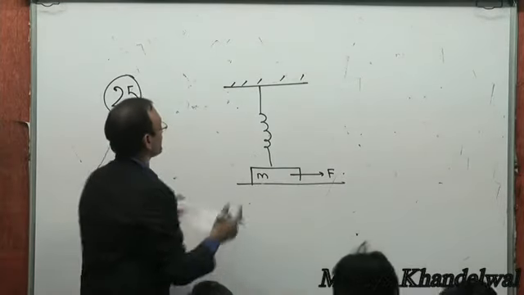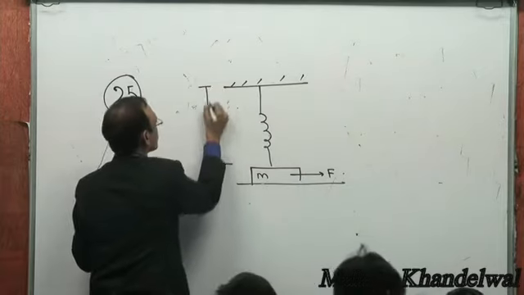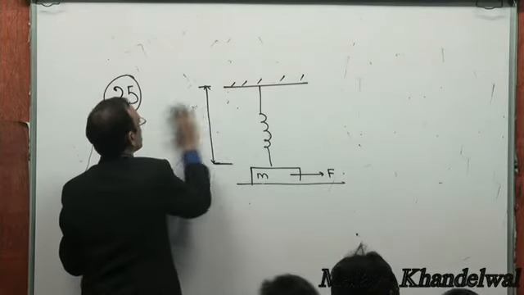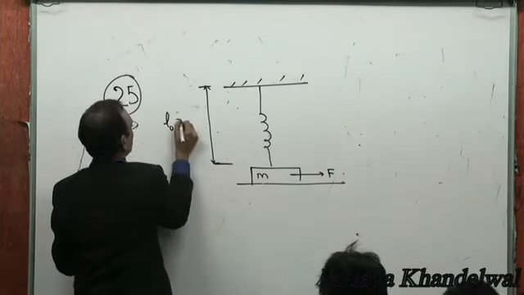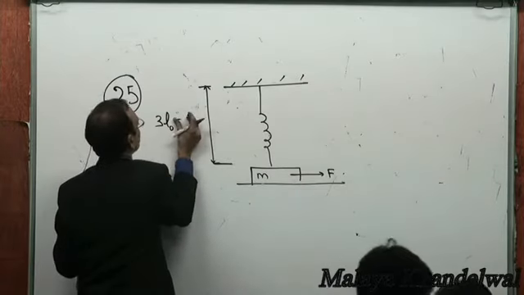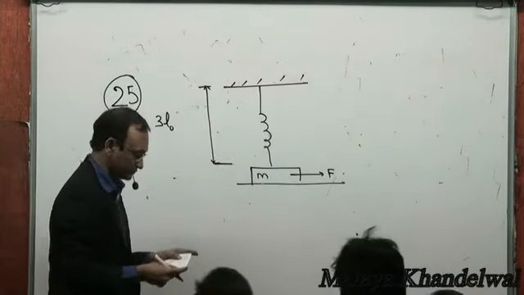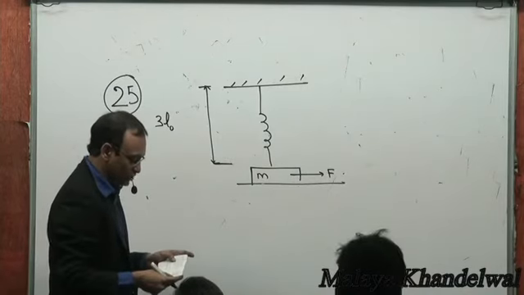Initially the spring is vertical and unstretched, and is of length 3L0. That's the natural length of the spring.